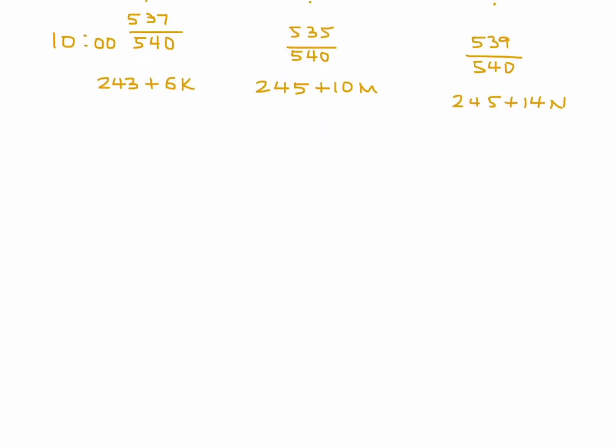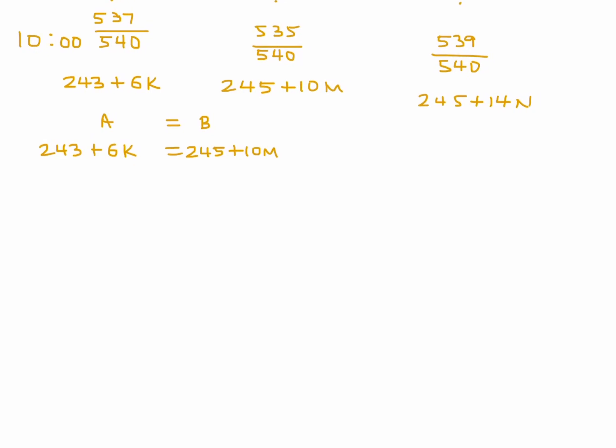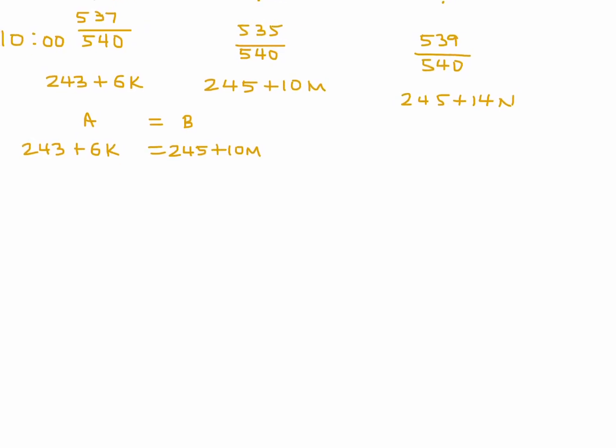So the question basically boils down to saying, when do we have 243 plus 6K, which is bus A, equal to bus B, which is 245 plus 10M? Also, the question is saying, when is bus B equal to bus C, which would be 245 plus 10M is equal to 245 plus 14N.